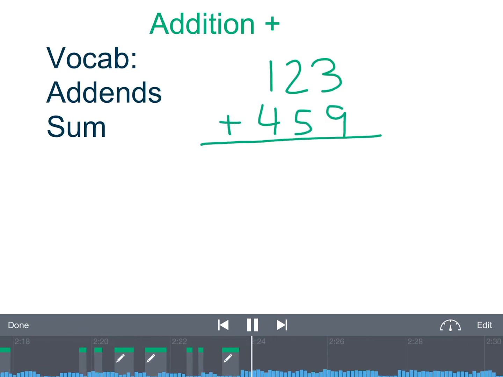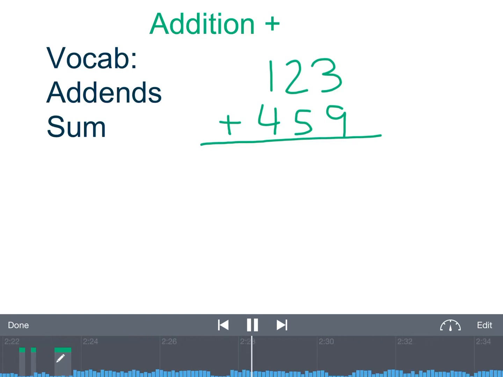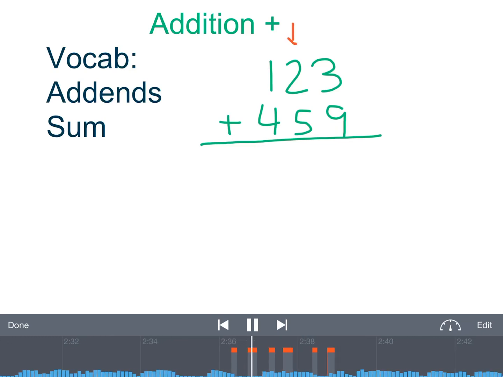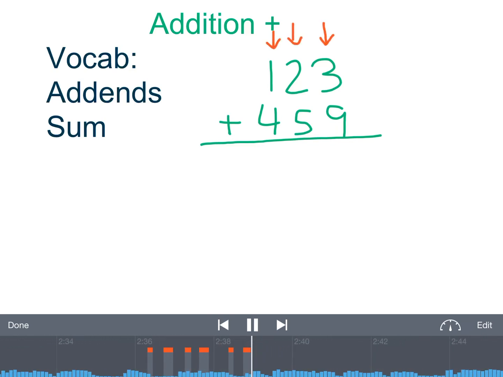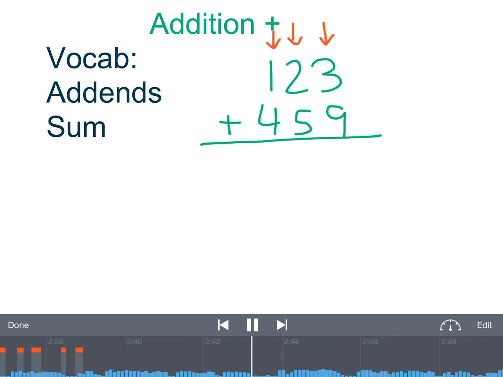A lot of times I will see students with very sloppy handwriting, or students trying to do something really quickly. They do not take the time to make sure they are lining up the place values, and you could get yourself into trouble as you get into higher level math.